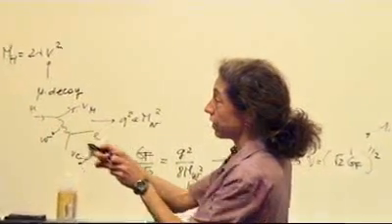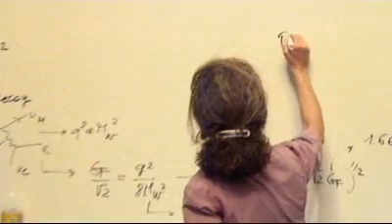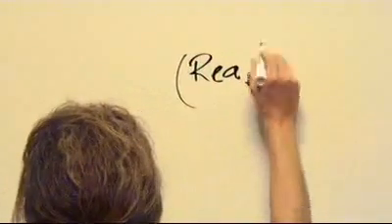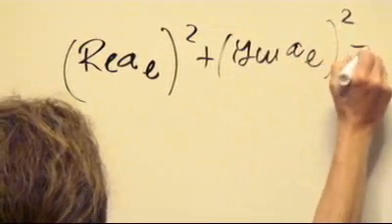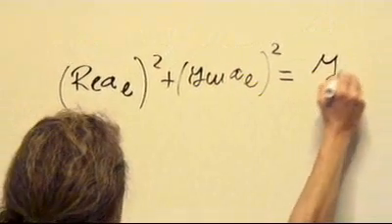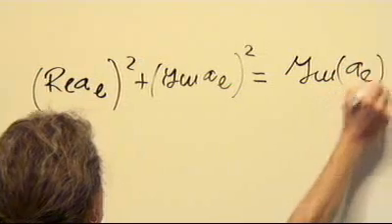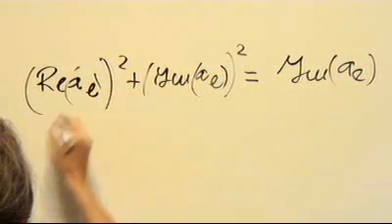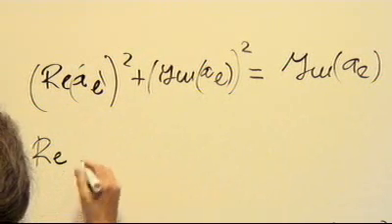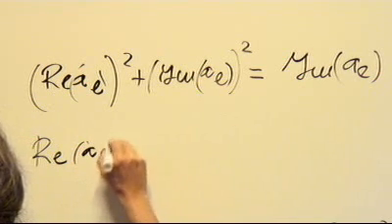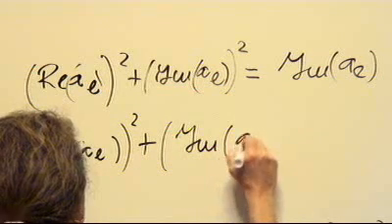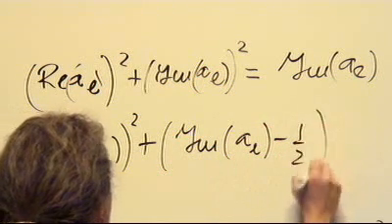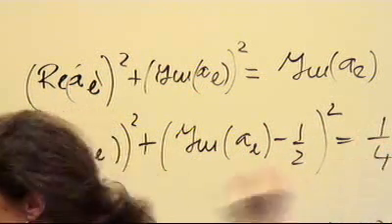So what I'm saying is just that the equation over here becomes the real part of A_L squared plus the imaginary part of A_L squared equal to the imaginary part of A_L. And you can rewrite this as the real part of A_L squared plus the imaginary part of A_L minus a half, squared, equal to 1/4, right?